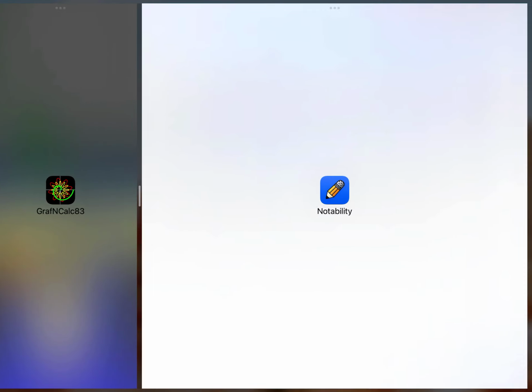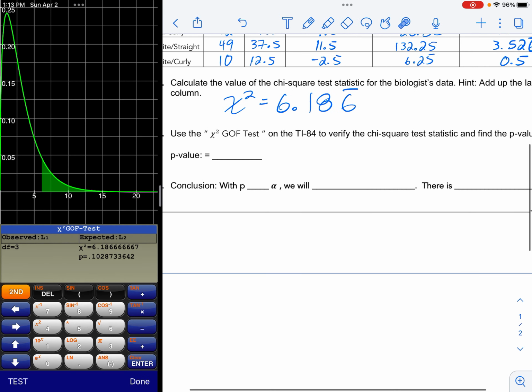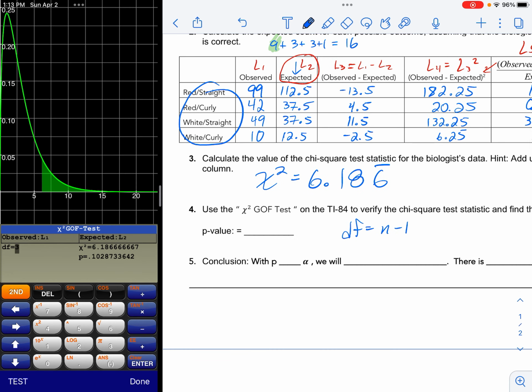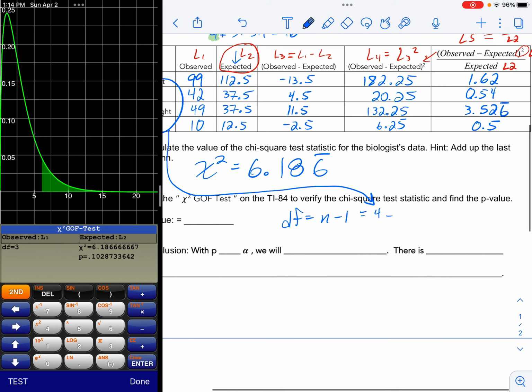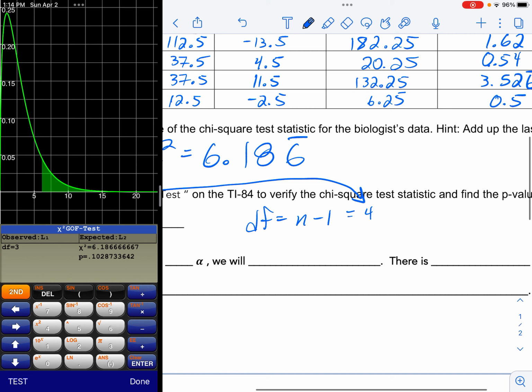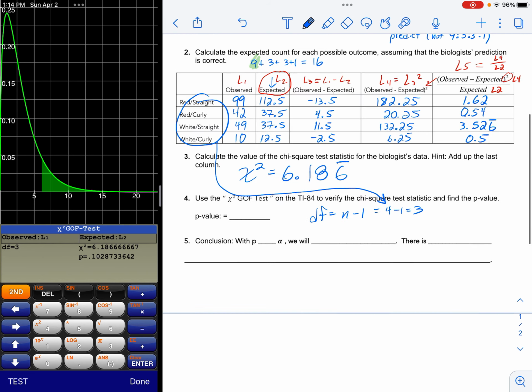So let me speak to that for a second. Degrees of freedom is always simply n minus 1. So in this case, what's n? N is that there are 4 different types of fruit flies in this situation. So the degrees of freedom is 3.